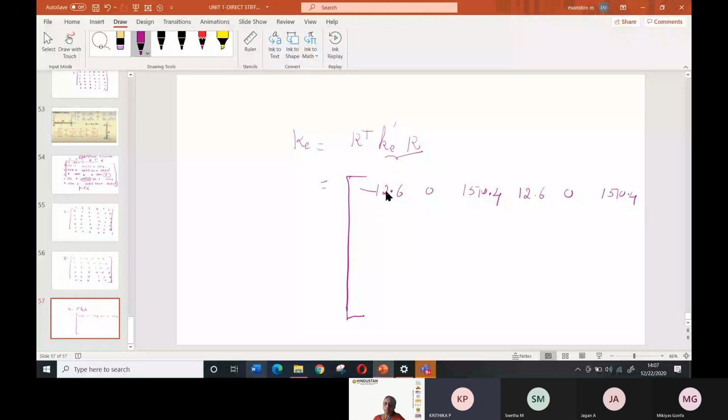This is correct. How do you check it? This is minus, plus. This is plus. This is 60A by L square. So here this matrix what you are getting is finally you will get a symmetric matrix. In that way you can check it. Symmetric matrix.